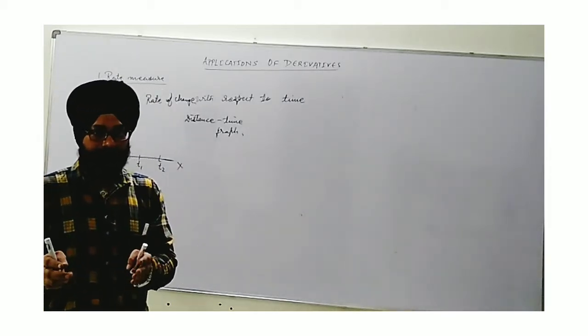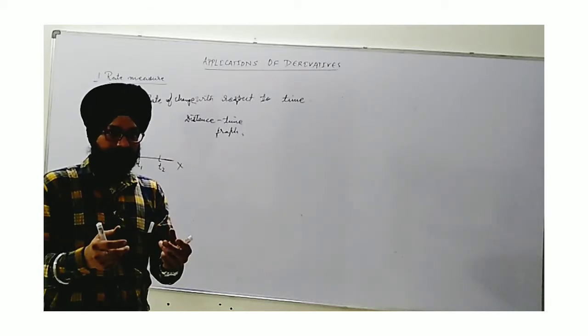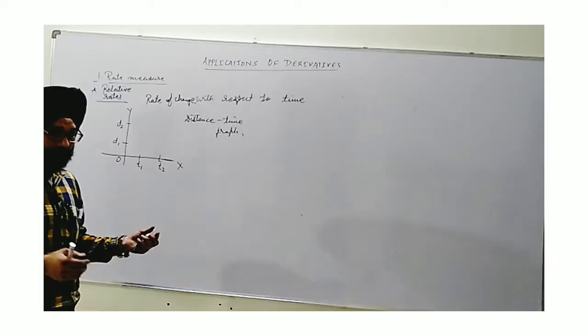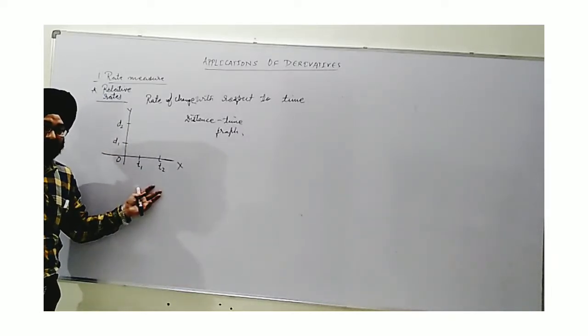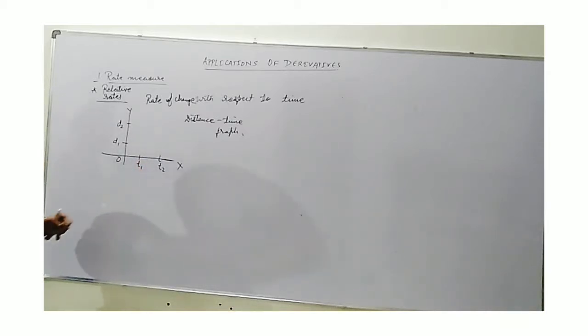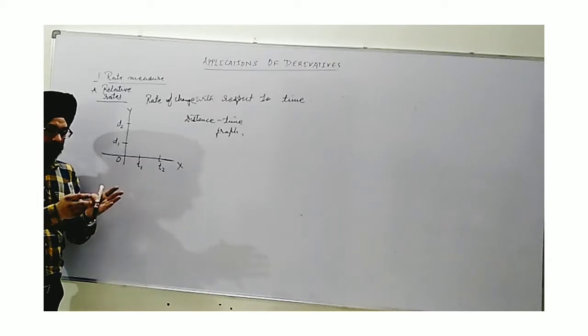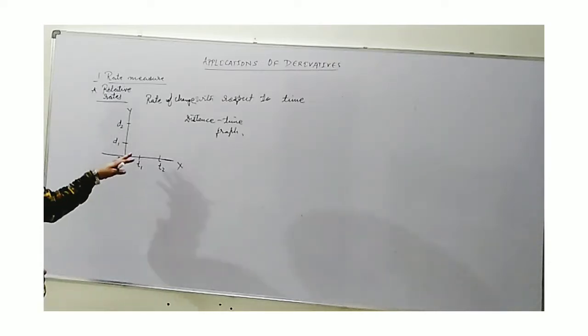Whatever is happening, that is actually being done, happens with respect to time only, always. This is understood and this is the nature. By the way, in this topic there will be no requirement of a graph, this is just for the concept.